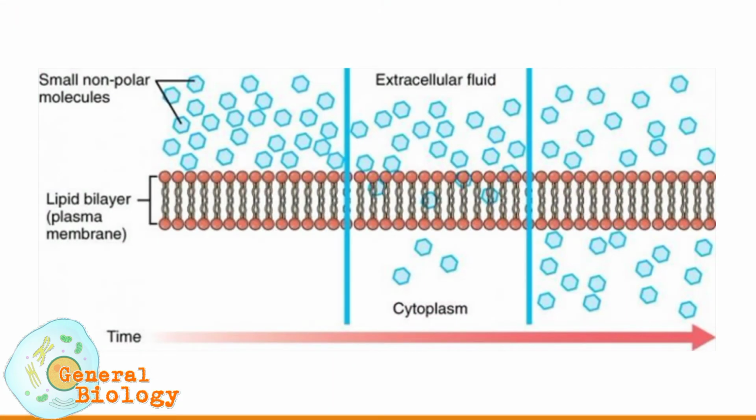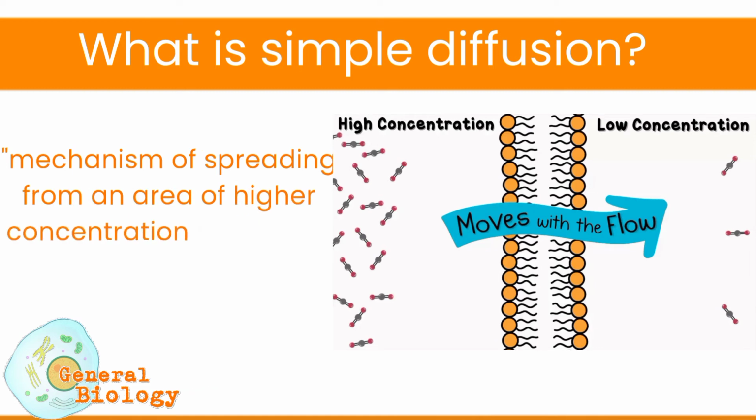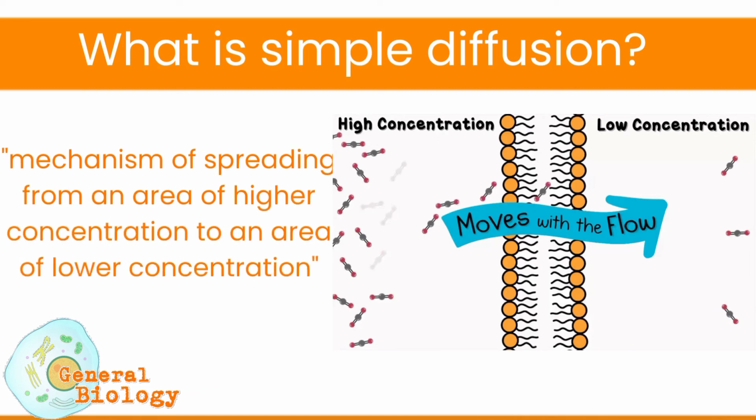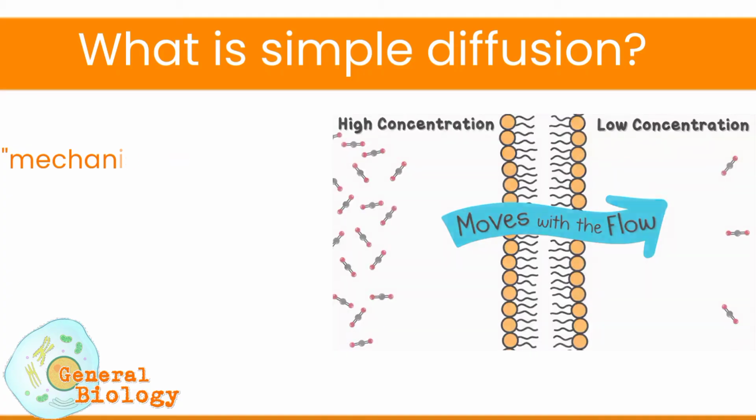Observe that the structure of the lipid bilayer allows only small, non-polar substances such as oxygen and carbon dioxide to pass through the cell membrane down their concentration gradient. The mechanism of molecules spreading from where they are more concentrated to where they are less concentrated is called simple diffusion.